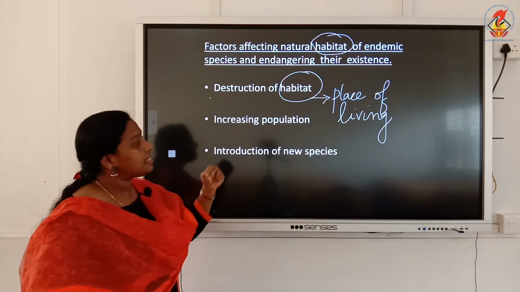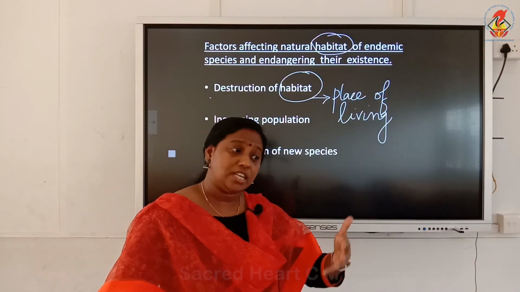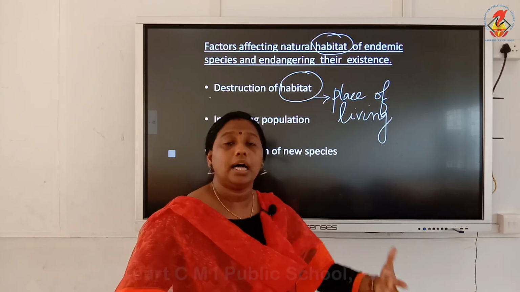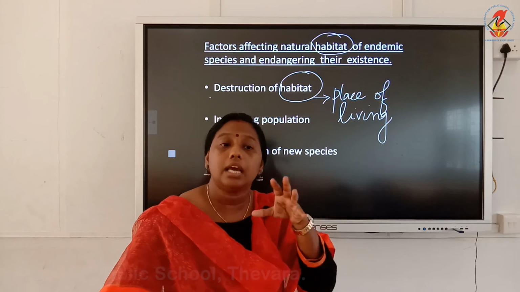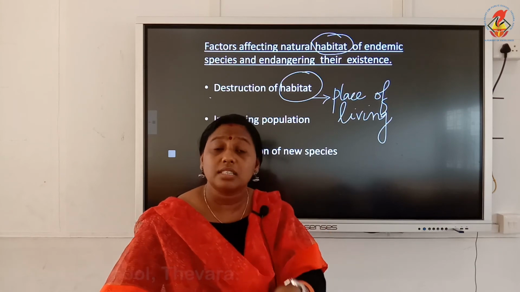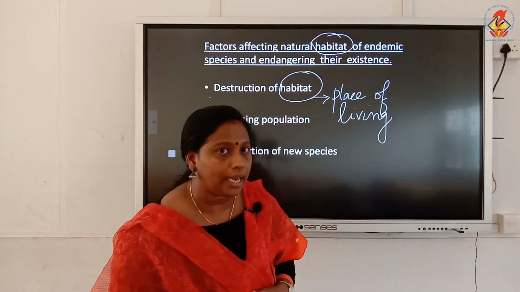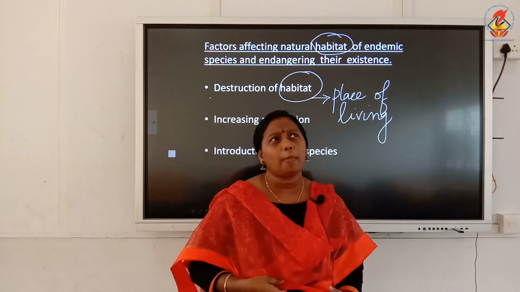Okay, the second one is increasing population. When the population inside the forest and outside the forest, population of both plants and animals, is increasing, what will happen? Definitely the endemic species will face some threat. For a small example, the population of animals inside this biosphere reserve is increasing.